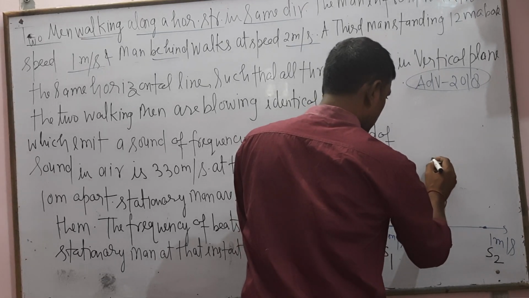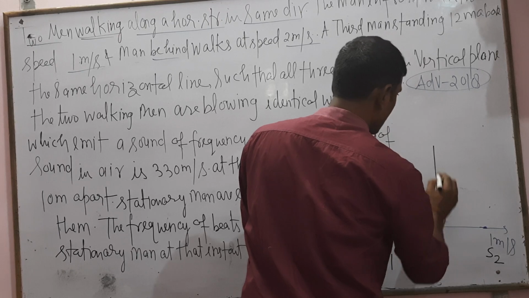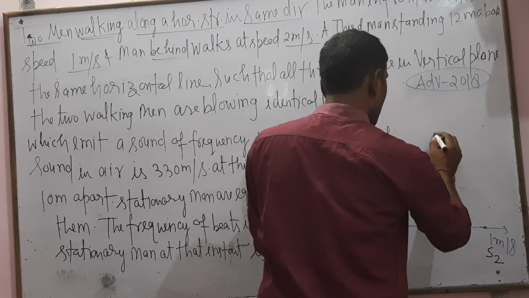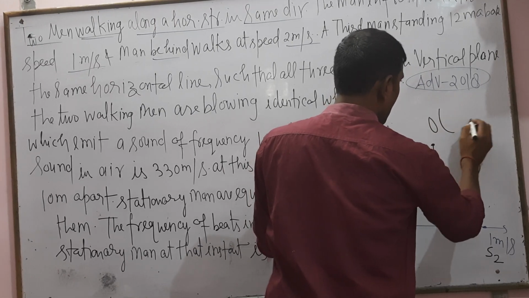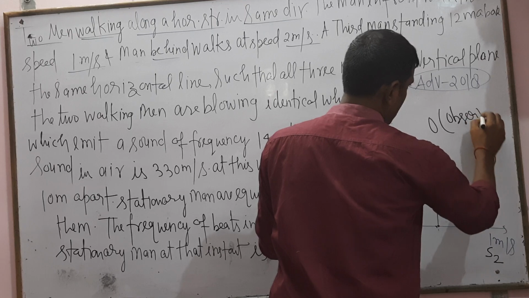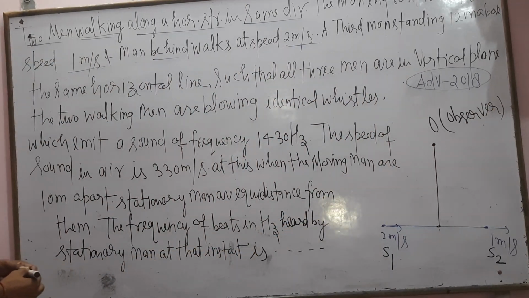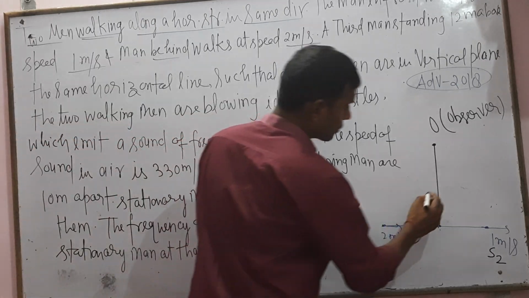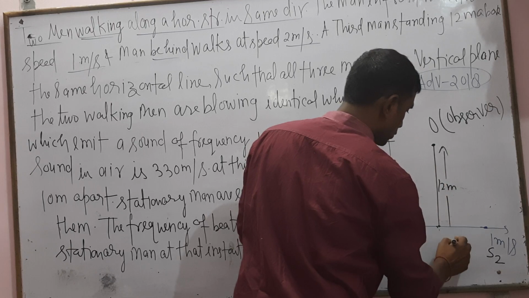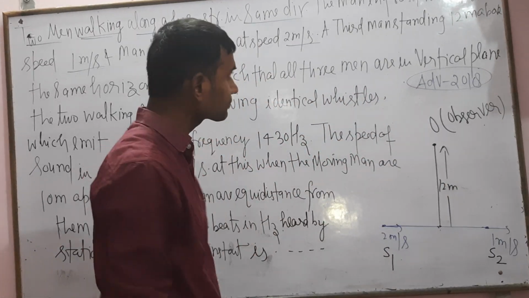Let us suppose the third man is here, at rest, and he is the observer, 12 meter above. This height is equal to 12. So we have S1, S2 and O.